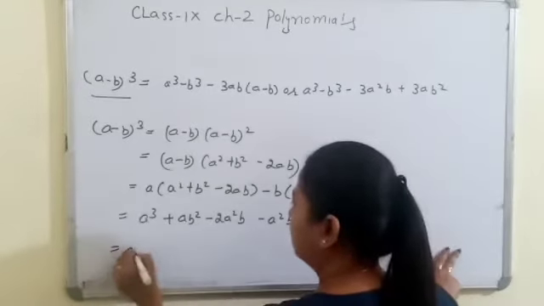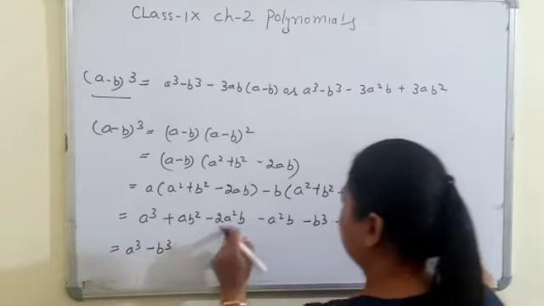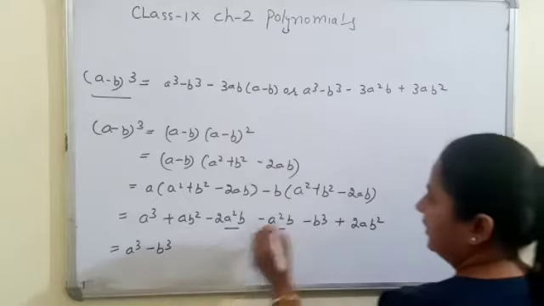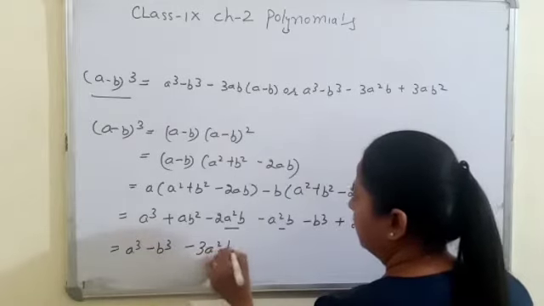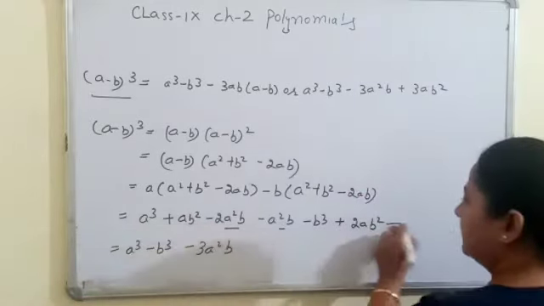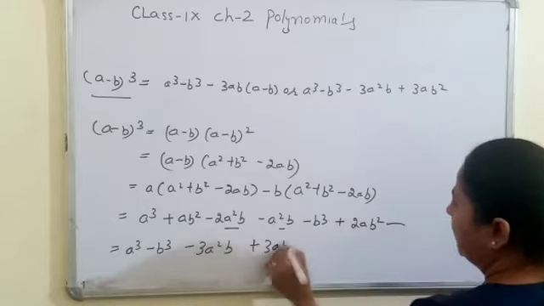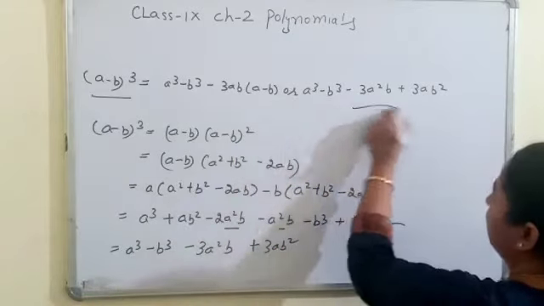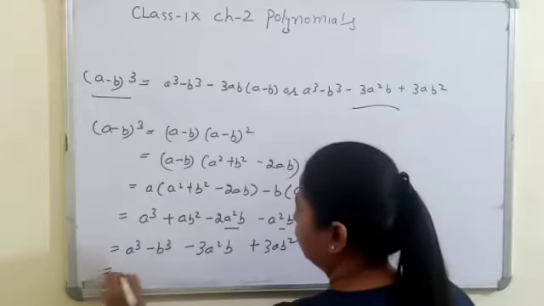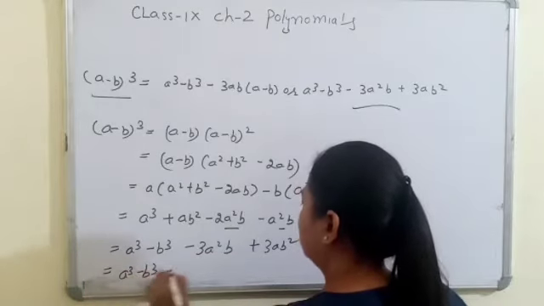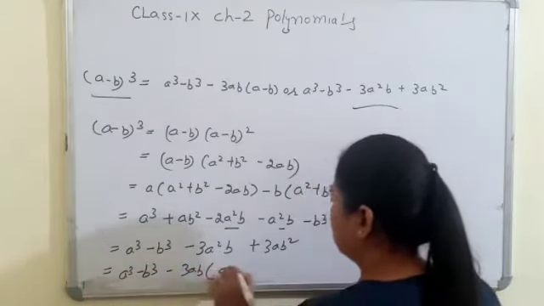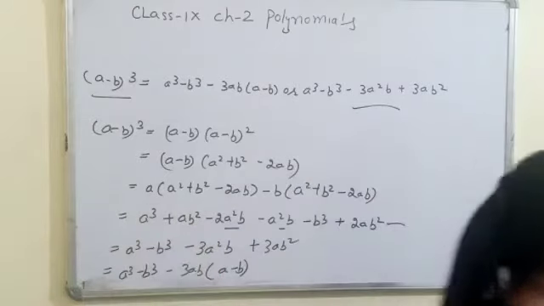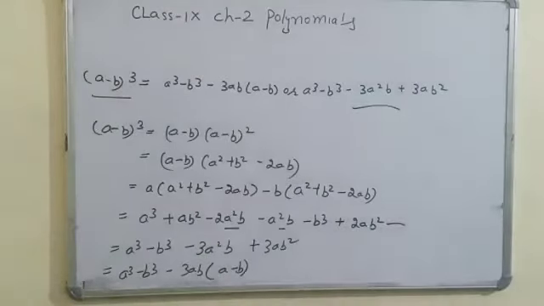Now collect it: a cube minus b cube, minus 2a square b minus a square b is minus 3a square b, and plus 3ab square. You can verify it from here, or we can write a cube minus b cube minus 3ab (a minus b). Now this was the derivation for (a minus b) whole cube.